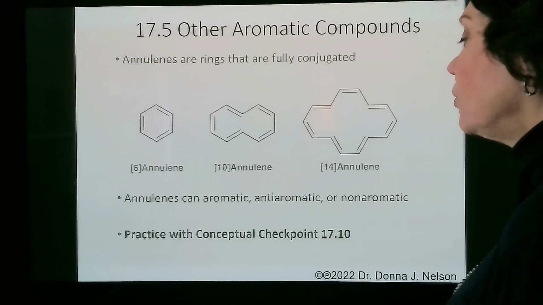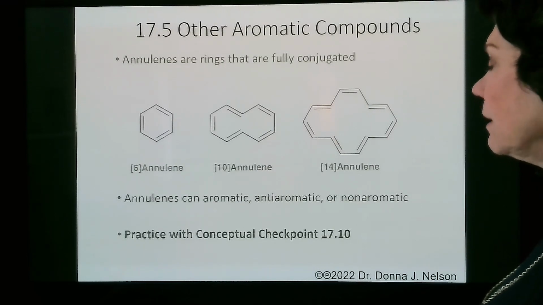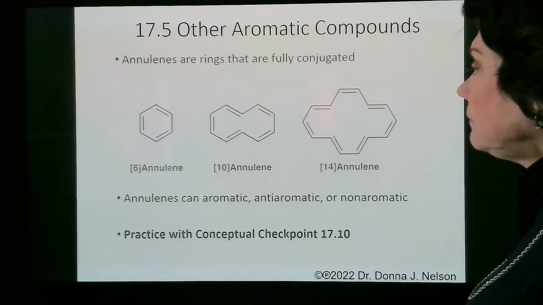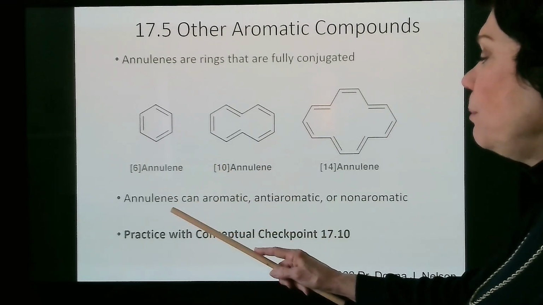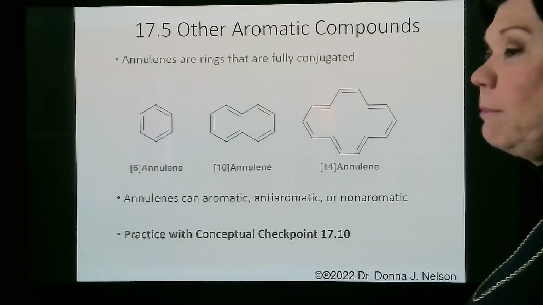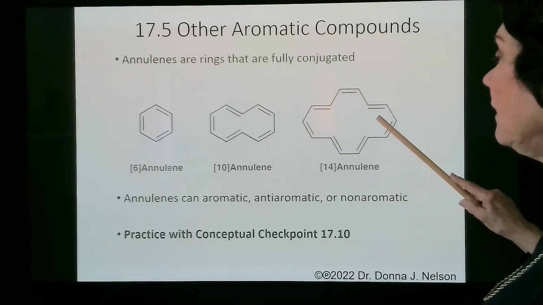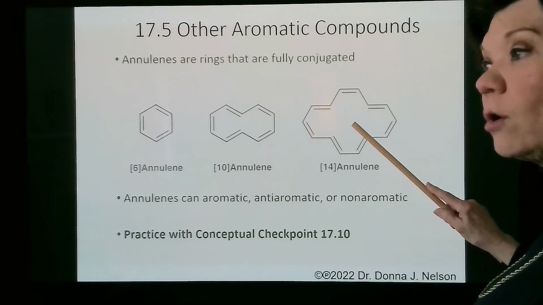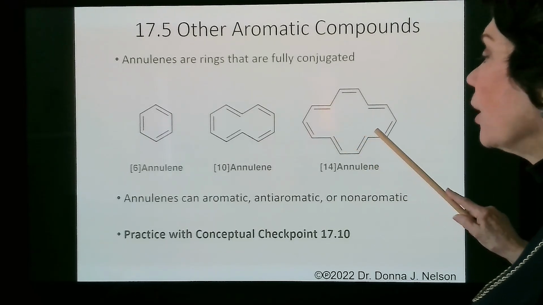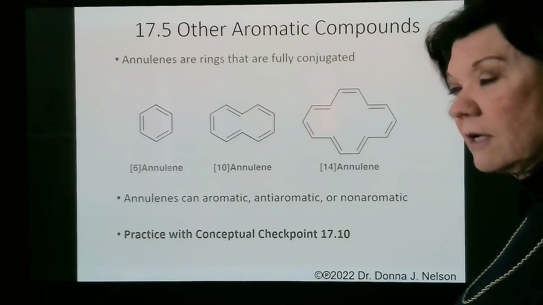So annulenes could be aromatic, anti-aromatic, or non-aromatic. In order to be aromatic or anti-aromatic, the rings must be planar. So it is possible that these rings can fold or distort enough that they lose their planarity, and that is how they could become non-aromatic.